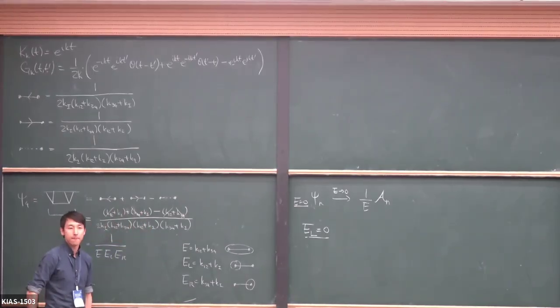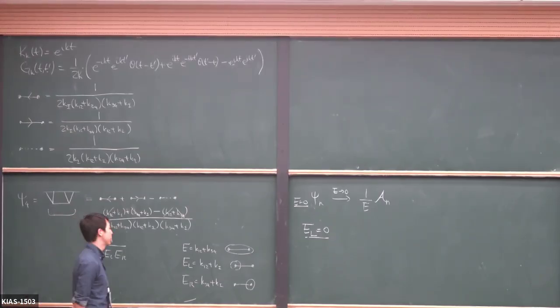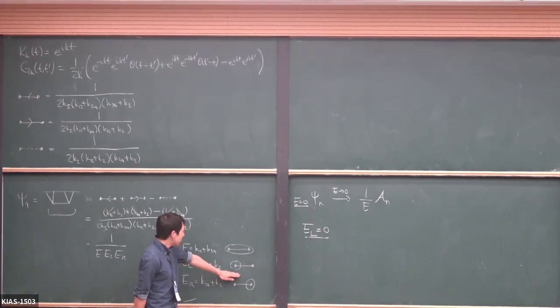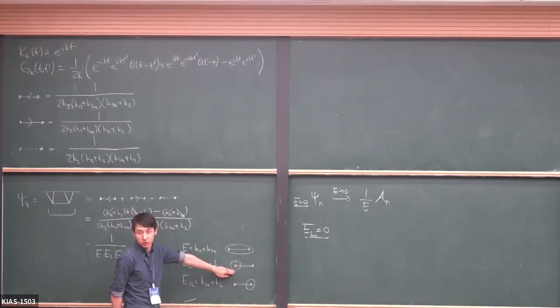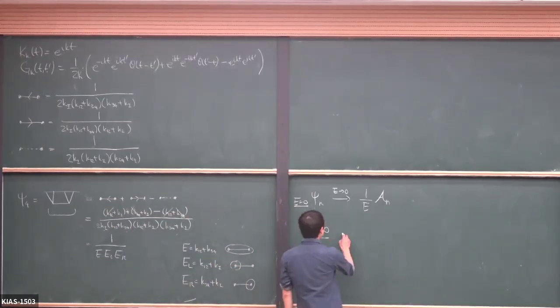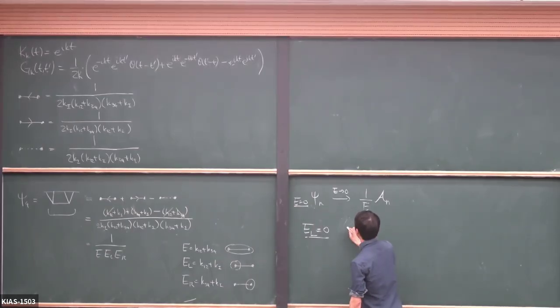That's right, yeah. So what happens is that because you're dragging this vertex all the way to the past infinity, you get an amplitude associated with this vertex. So you get an interesting factorization behavior.